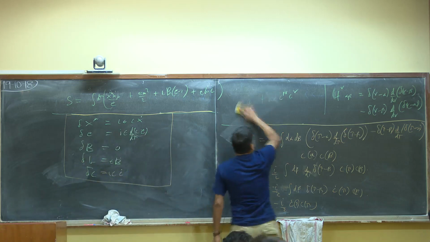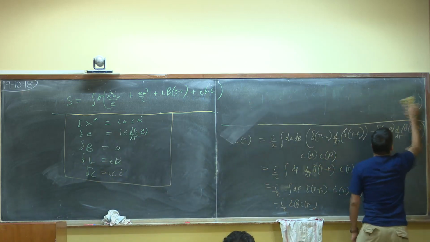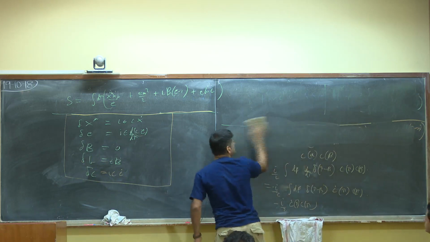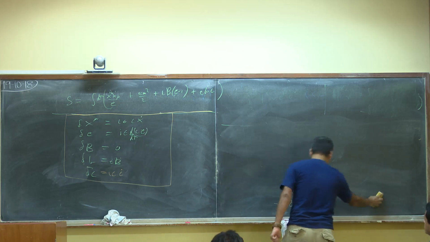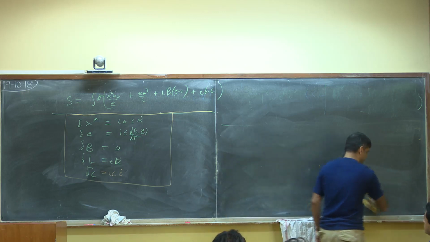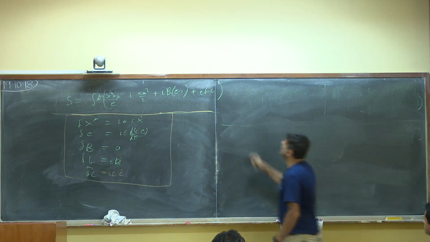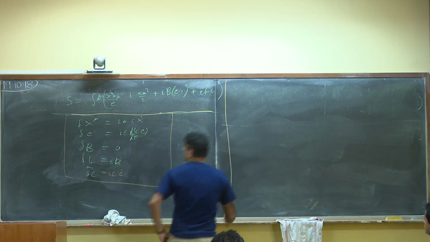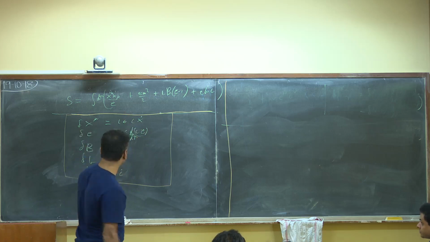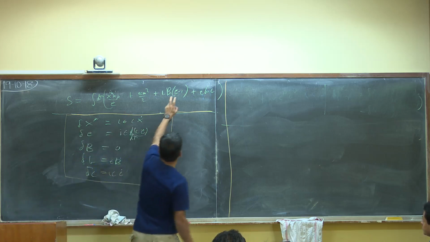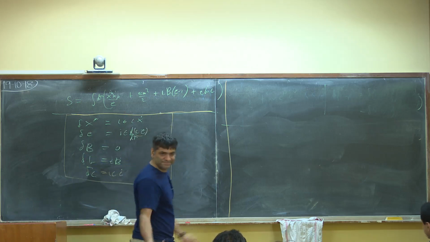So first, okay, the first thing that we do is, when we do the capital B integral, it gets rid of this term and sets e equals 1.